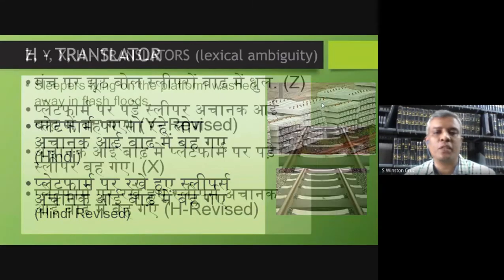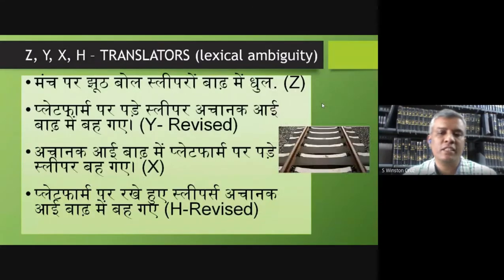Before that, I'll show you another one. This is the 4 examples that we saw, right? There was one more translation that I didn't show here, which was the funniest of all, on the top. Manchpar. This is also a machine translator, which is far away from the target. Manchpar jhoot bole, lying, it has taken as speaking lies.